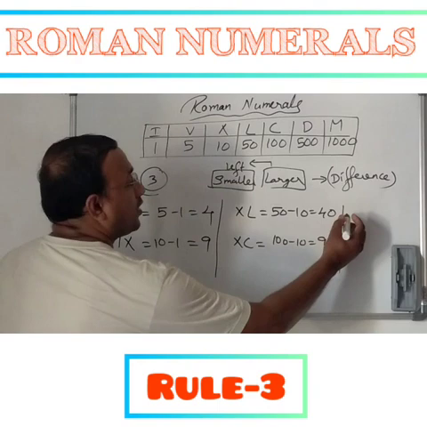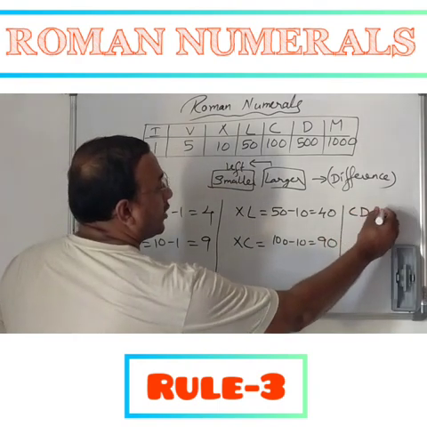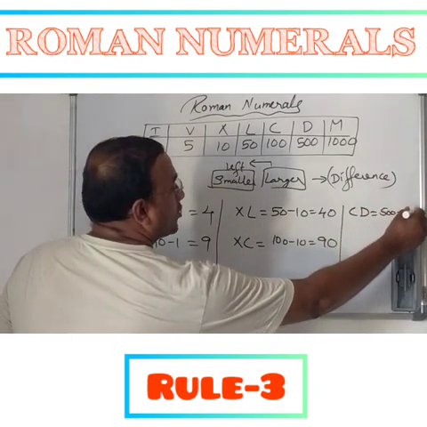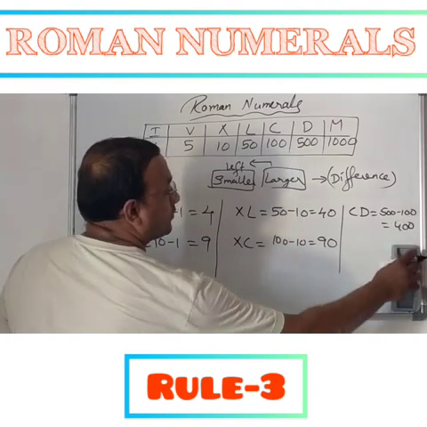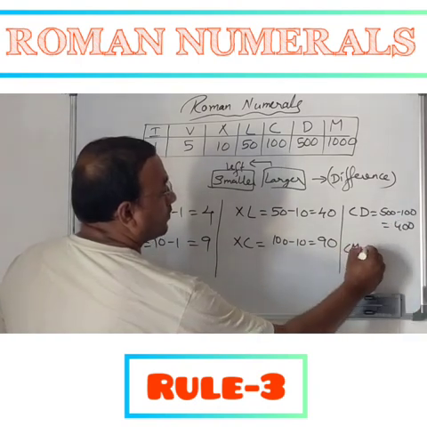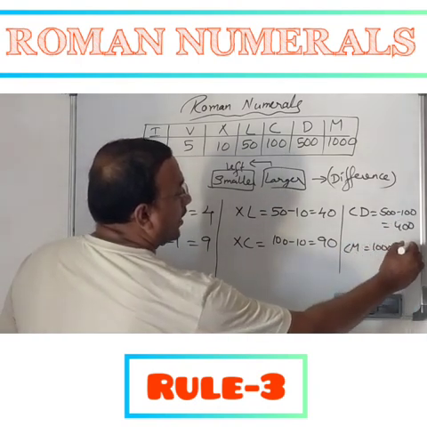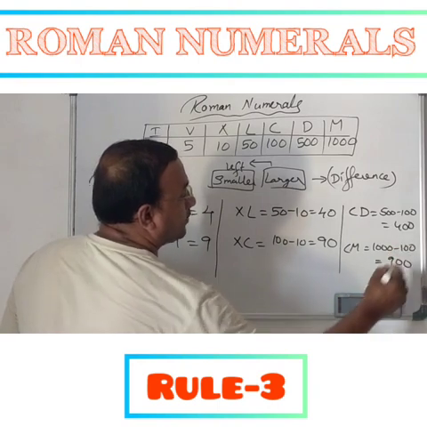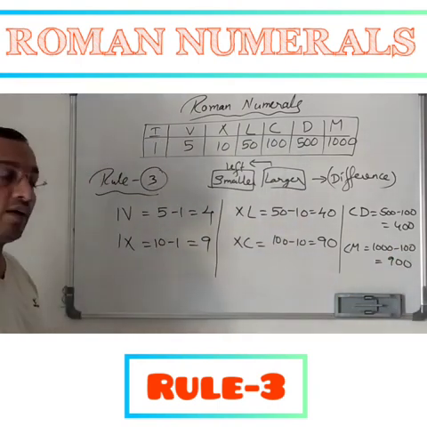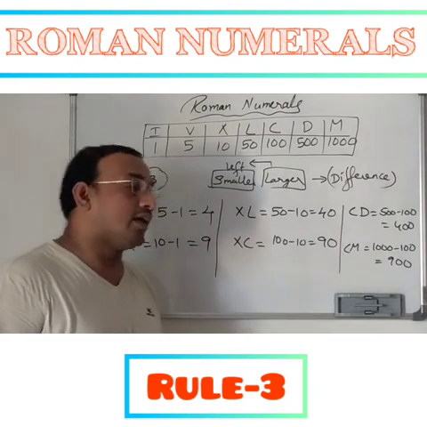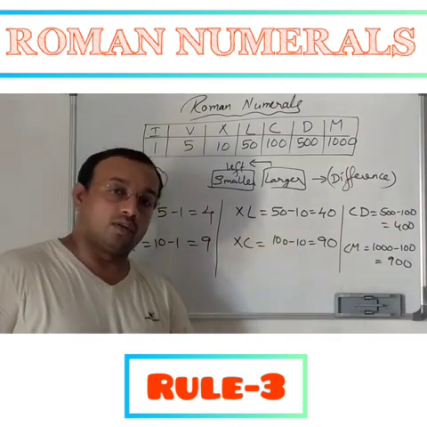Next, let us go for CD, nothing but 500 minus 100, how much, friends? It's 400. Next, CM, 1000 minus 100, it's nothing but 900. C also can be written to the left of D and M only once, that is, C can be subtracted from D and M only once.